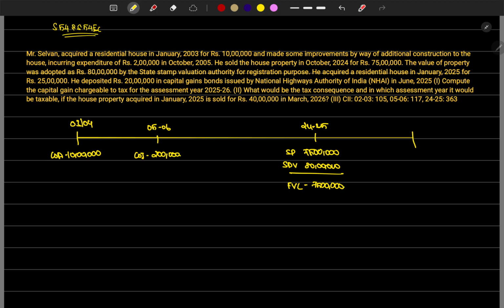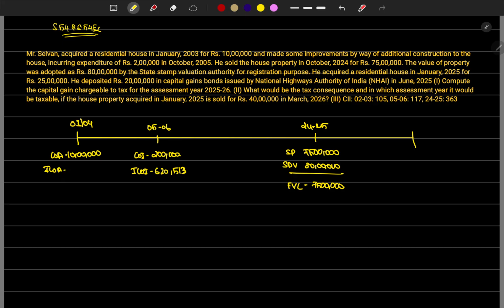Then what would be the ICOI? The 2 lakh divided by 117 into 363, which is 6,20,513, is the indexed cost of improvement.